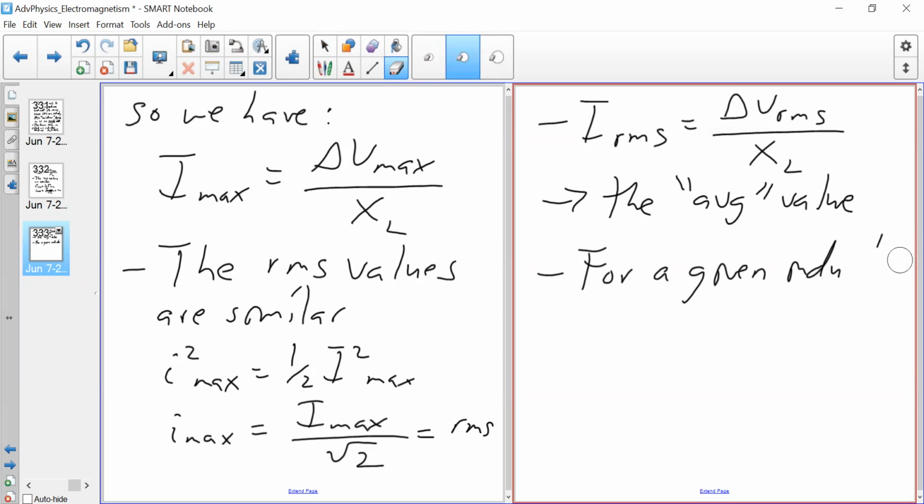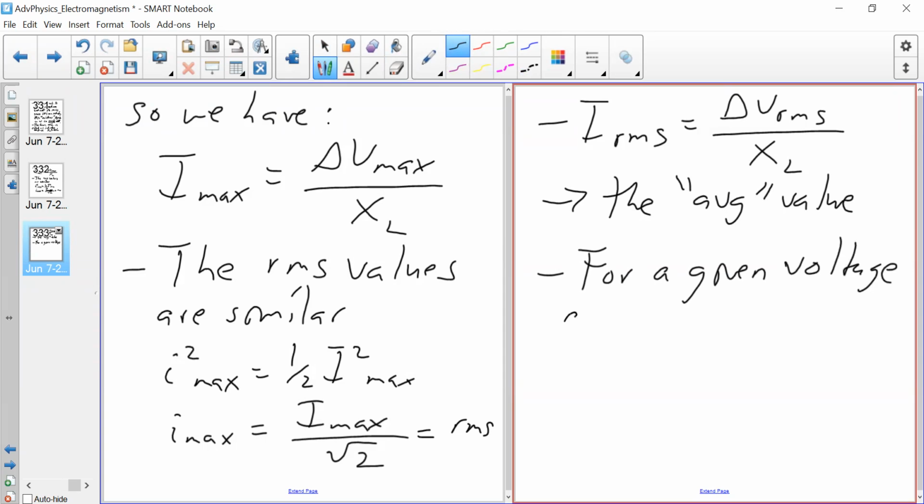Let's see. For a given inductor, for a given voltage across an inductor, as the frequency increases, the current is going to change over time.